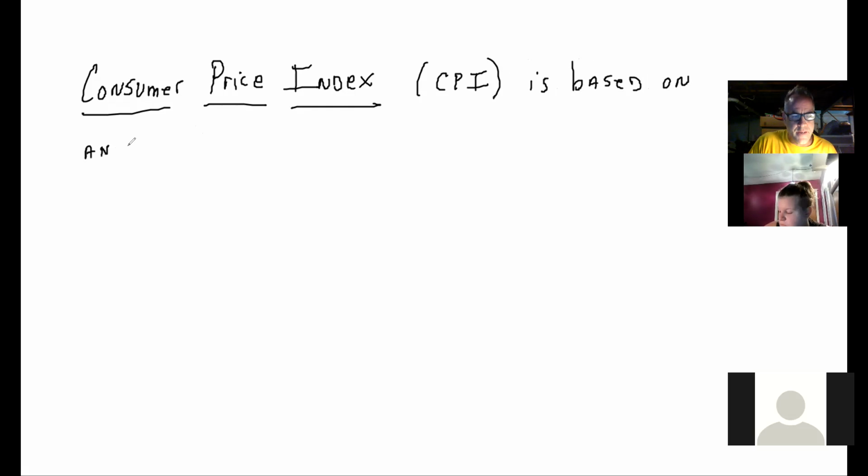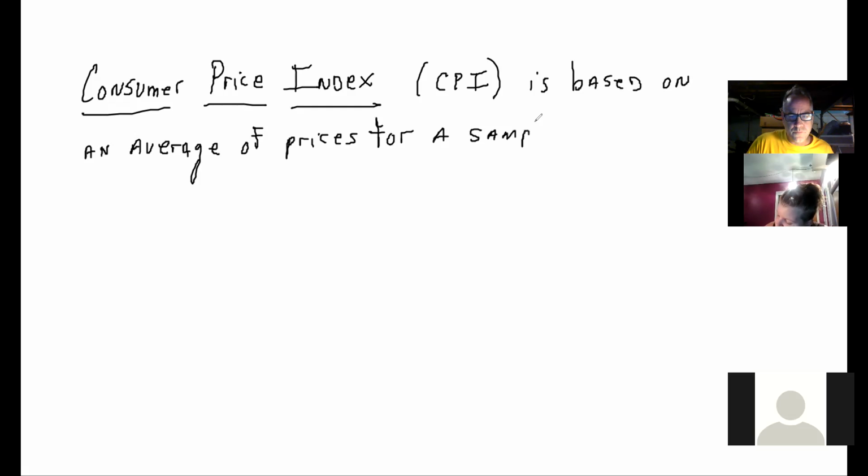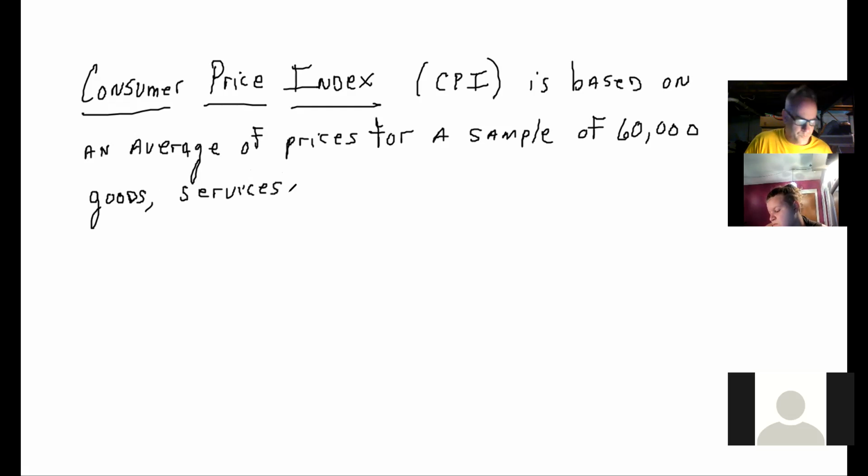It is based on an average of prices for a sample of, look at this number, 60,000 goods, services, and housing costs.